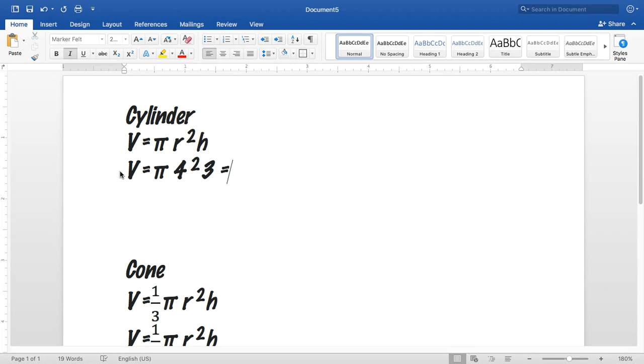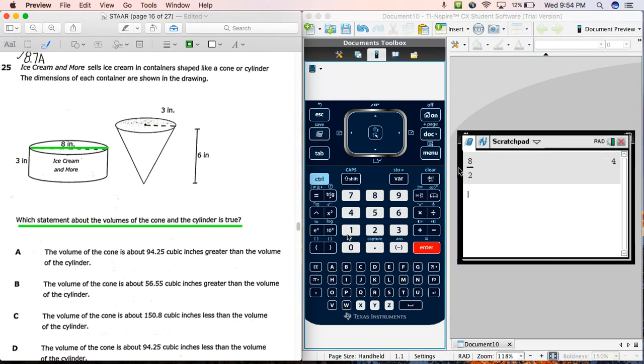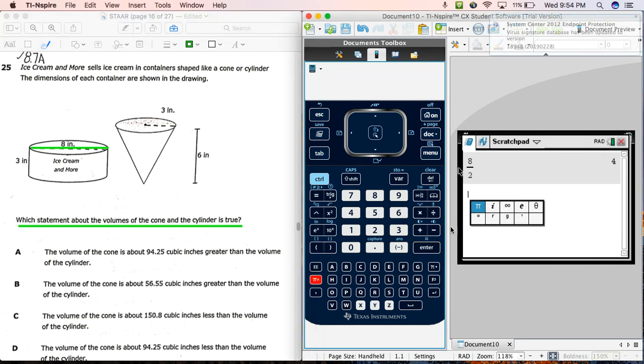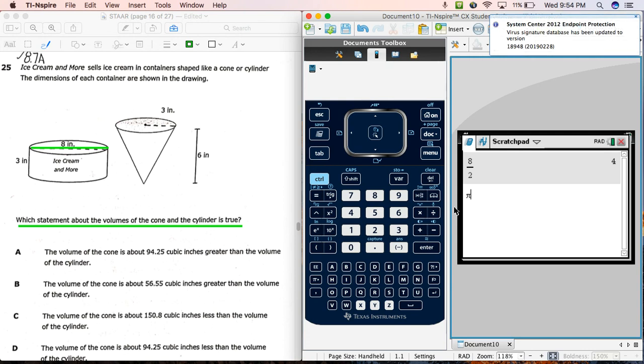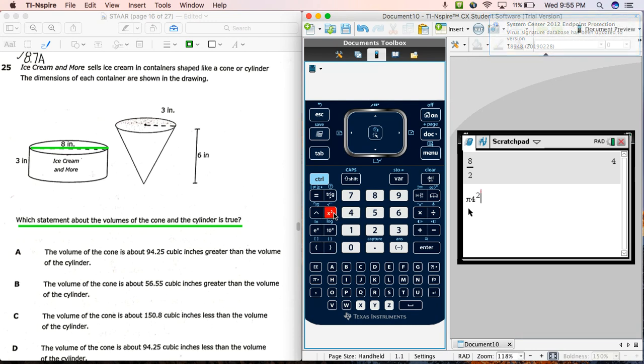So I'm going to have pi, here's my pi symbol, times the radius squared, which in this case was 4, squared. I'm going to show you a quick shortcut for squares. I'm going to push over on my touchpad so I'm not in the exponent. I want my cursor to be straight up and down and not somewhere up in the air. Then I'm going to plug in my height, which is 3, and push enter.